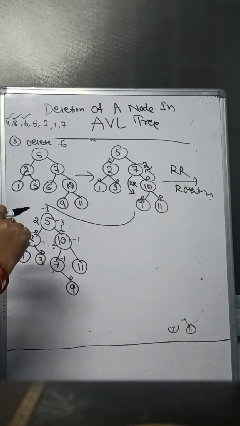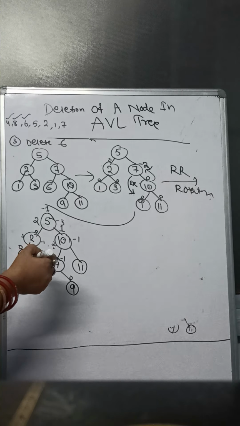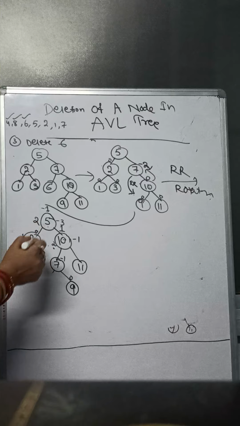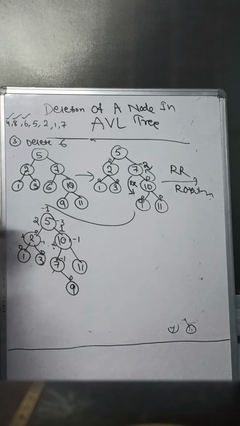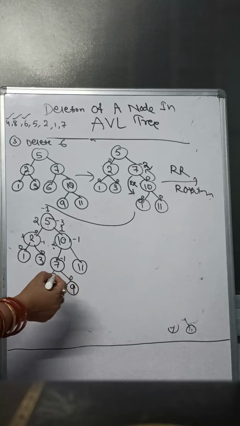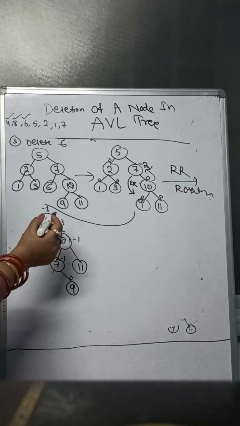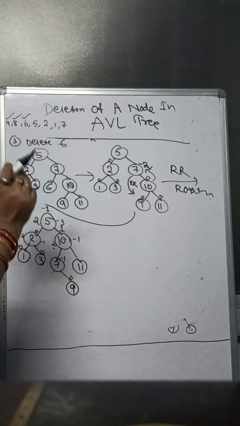According to the in-order rule, the predecessor of the root will go. So left, root and right. So from the left subtree, I have to take the highest element, as that must satisfy the BST rule. What is the BST rule? Left subtree must be smaller than the root, and the root must be smaller than the right subtree.